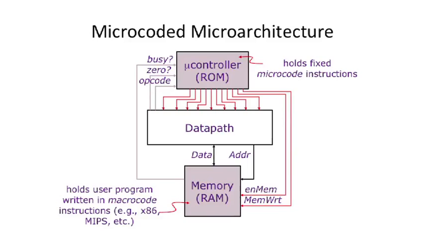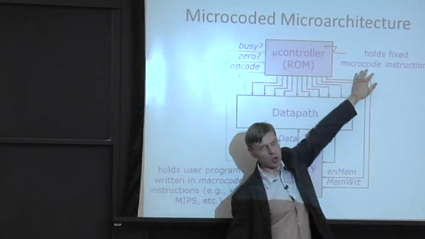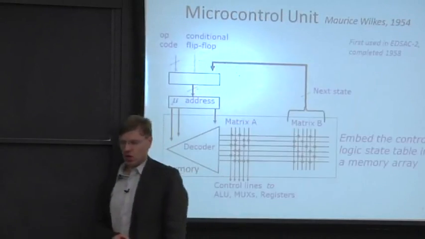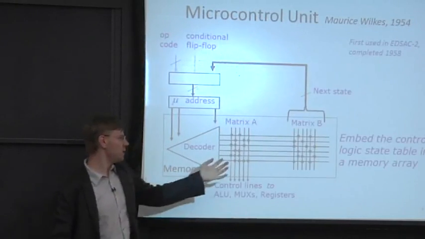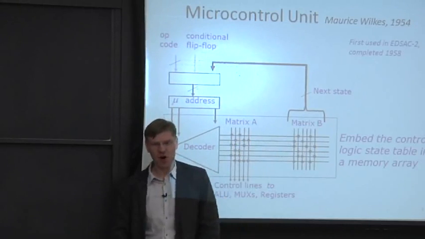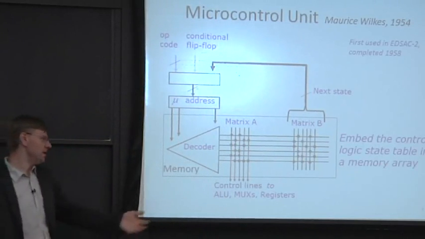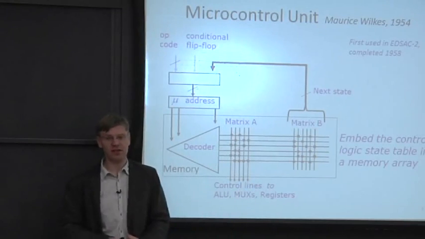So a good example of this is you'd have your actual ISA instructions here, like x86 or MIPS, sitting in your RAM. And up here, you're going to have microcode instructions. So if you go back to this diagram, typically the ROM entries are called microcode instructions. And sometimes people write little programs that say how you control the different lines that come out of here.